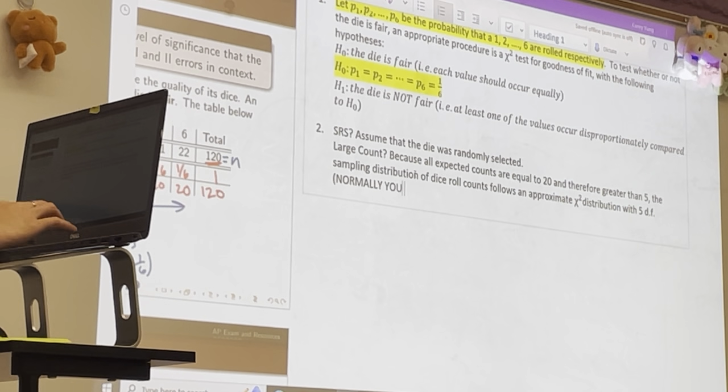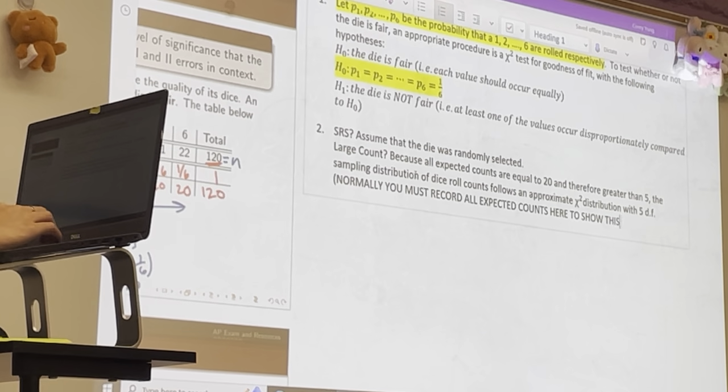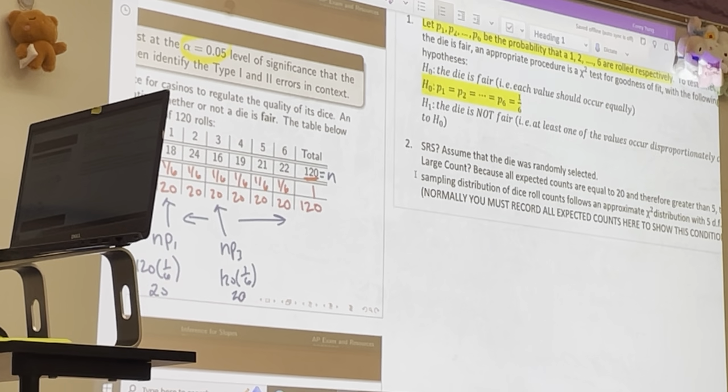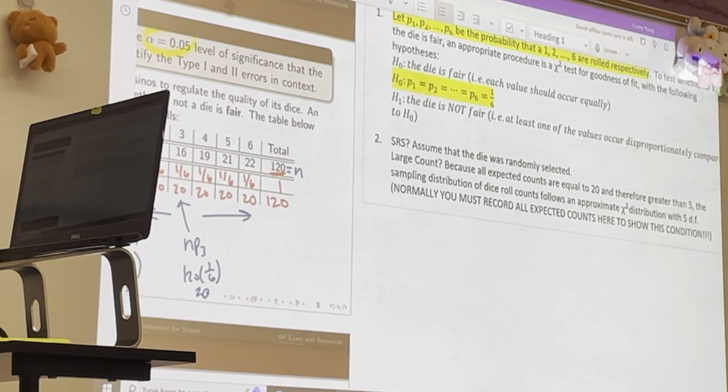Normally you must record all expected counts here to show this condition. But because I have it right there, I'm good. Normally when you have to actually compute the expected counts by hand, you do have to create a separate table, say expected counts in this category, and show physically that they are greater than 5.